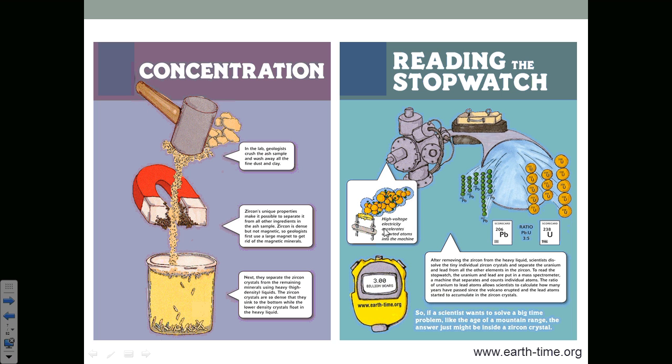And then in conventional mass spectrometry, once you have that separation of material, you put it on a little filament that has a thin rhenium wire stretched across it. Looks a bit like a light bulb filament, and your sample goes on top of that little piece of rhenium. You put that in your mass spectrometer here, you heat it up, apply a high voltage current, and ionize those uranium and lead isotopes and measure them in a mass spectrometer.